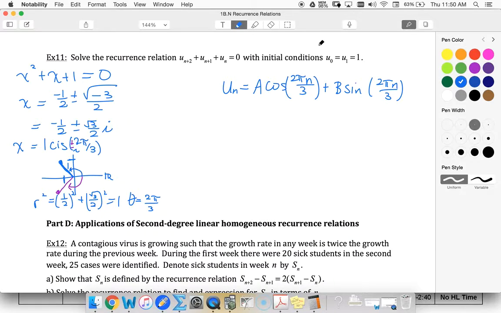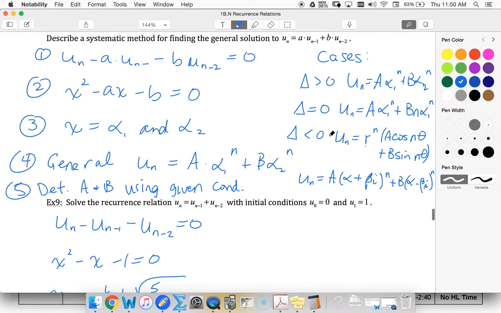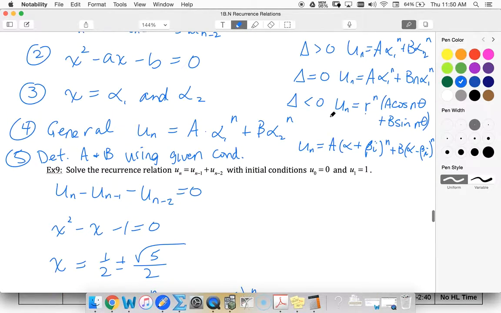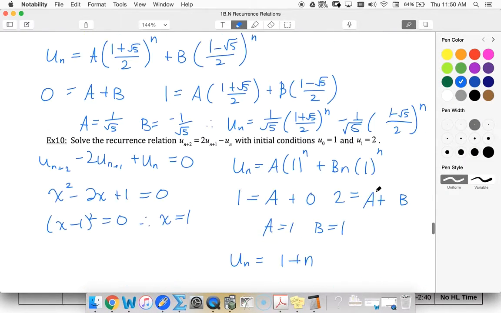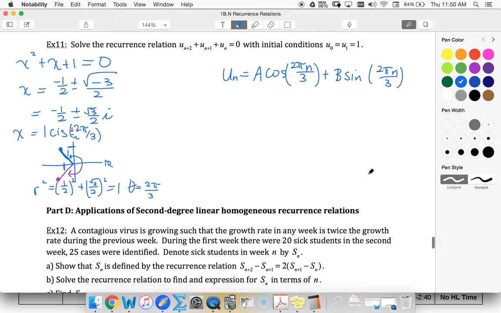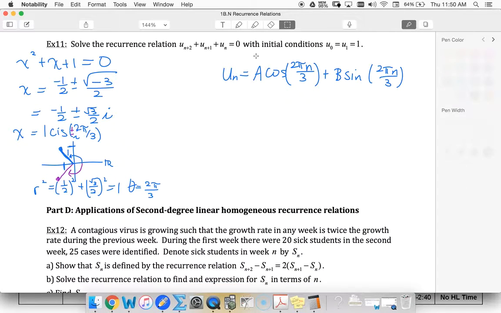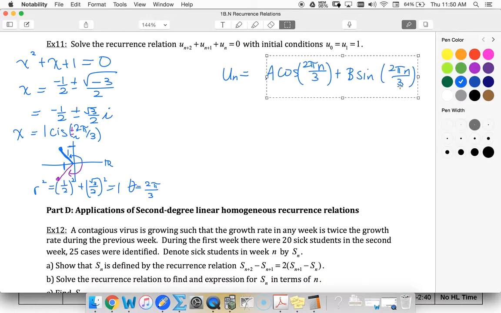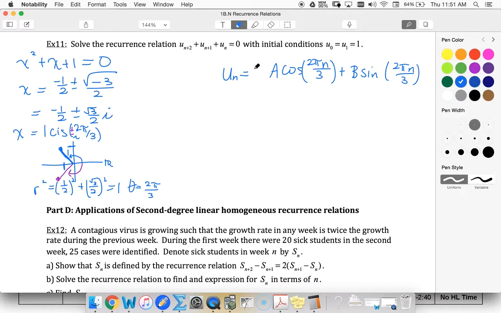So this comes from what we originally stated with our cases, that u sub n is r to the n. Of course, our radius was 1, so we don't need to have that written down. And now I can come back and find my values of a and b. So to be thorough, we could write r, 1 to the n in front of this.